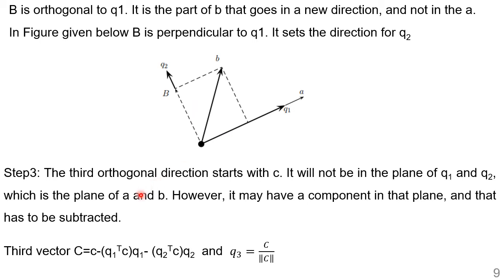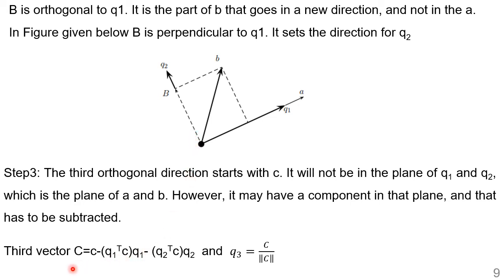Step number 3 involves the computation of the third orthogonal vector C' from C. We know that this component C will not be in the plane of Q1 and Q2. Therefore, we have to get C', which is orthogonal to both Q1 and Q2.